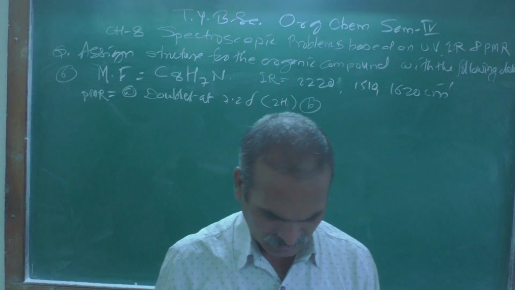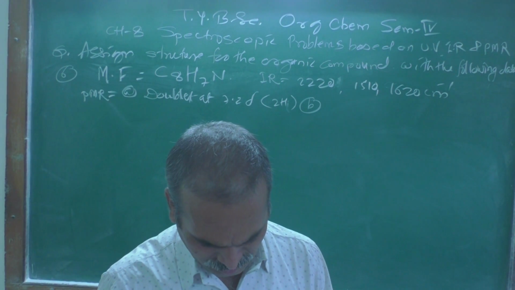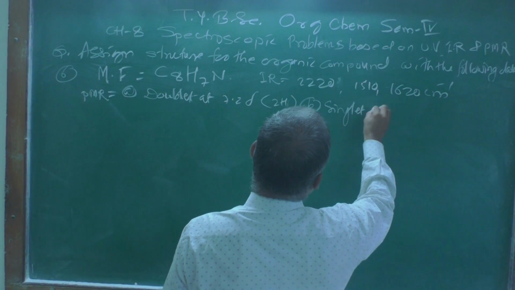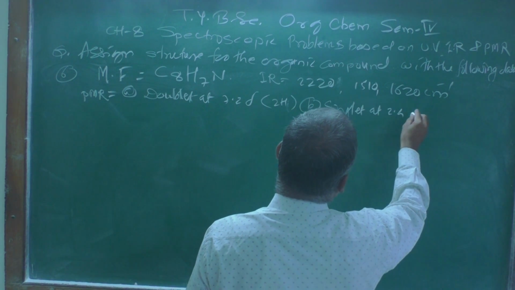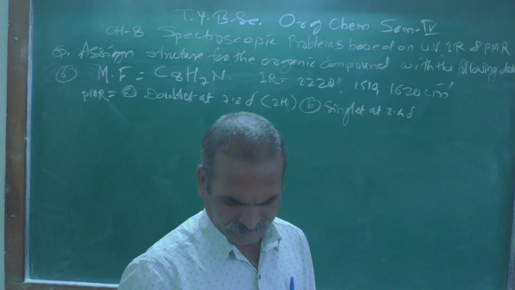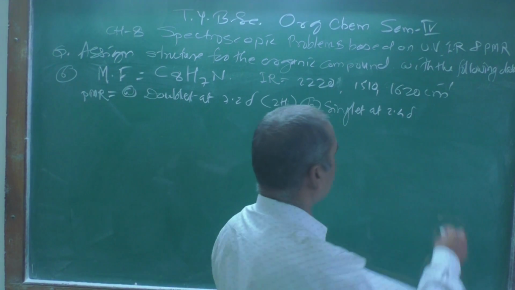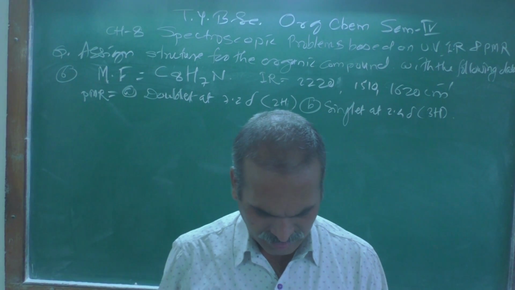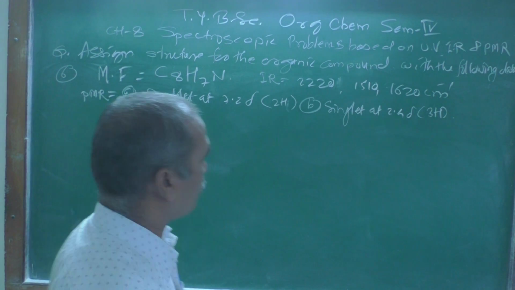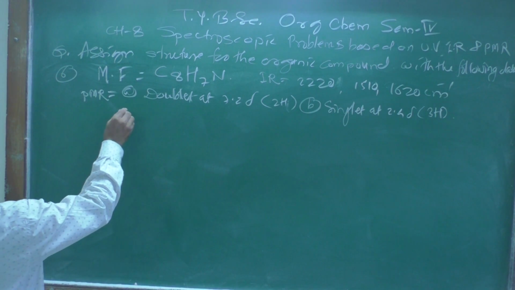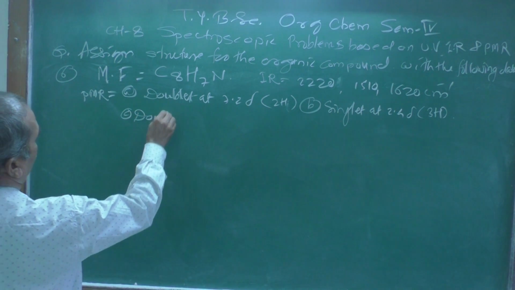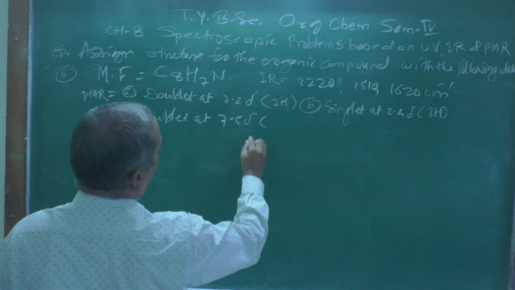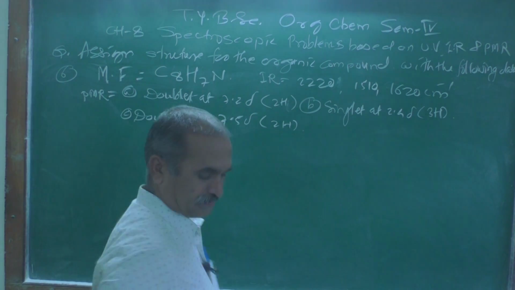B: singlet at 2.4 delta, 3H. C: doublet at 7.5 delta, 2H.